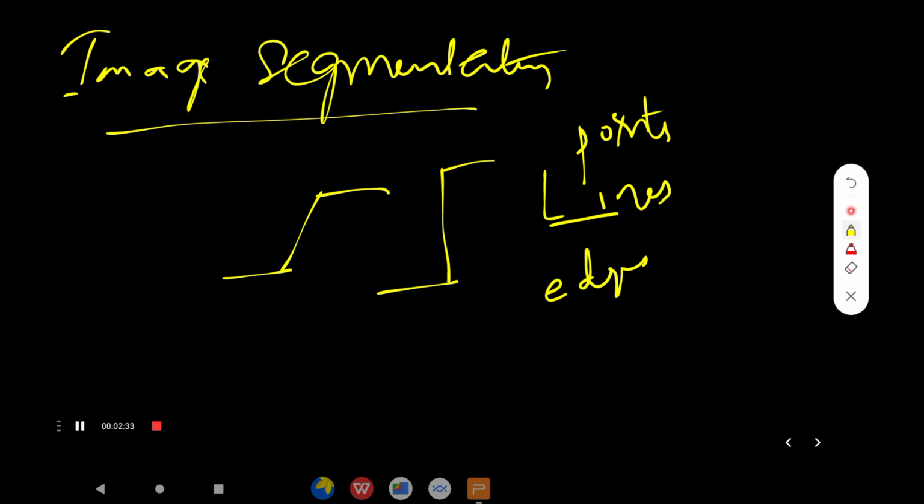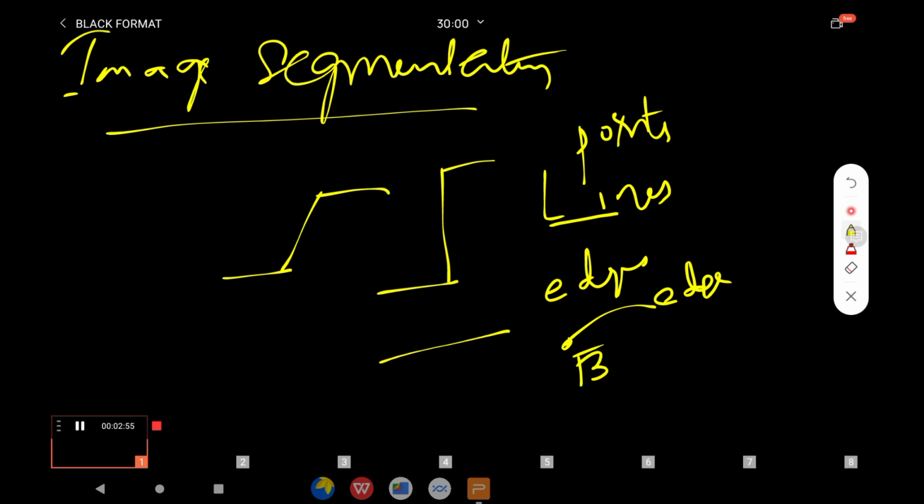Edge pixels are pixels at which the intensity of an image is different from the background. If you take an edge point, its value is completely different from the background. If the background pixel is black, this is like yellow color. Obviously there is an intensity difference between the background pixel and the object pixel. That is generally called an edge pixel.